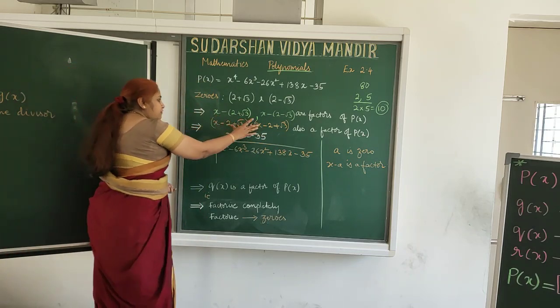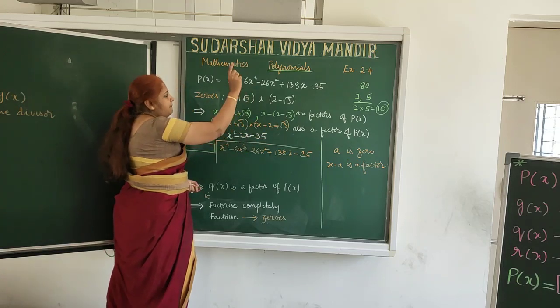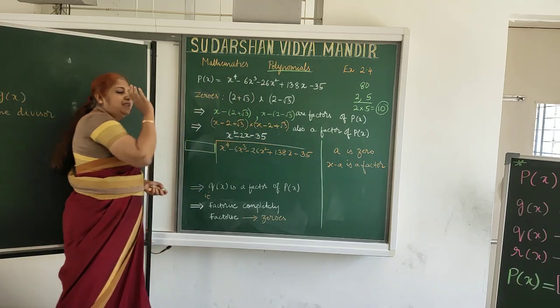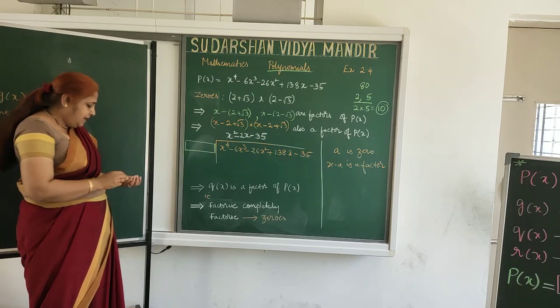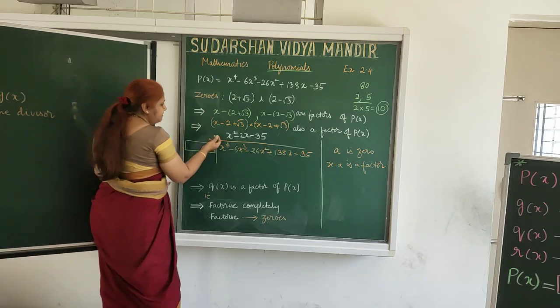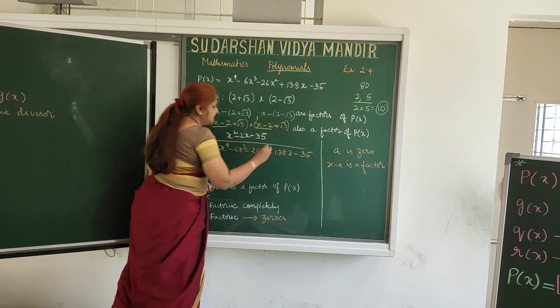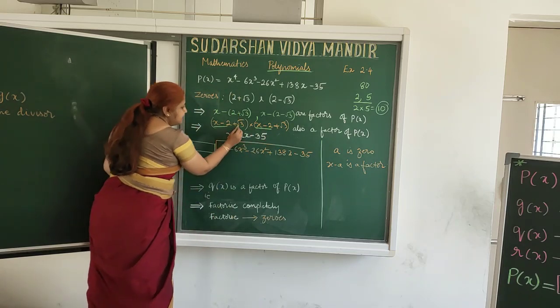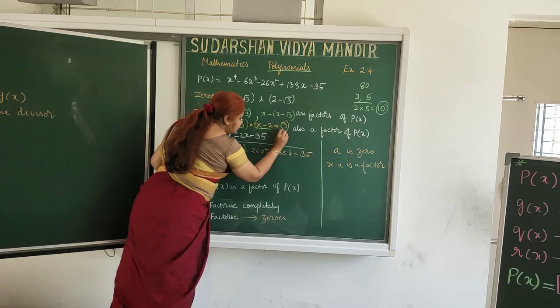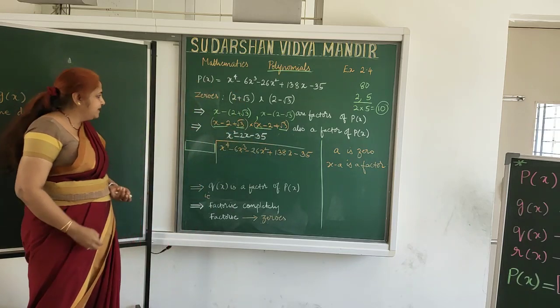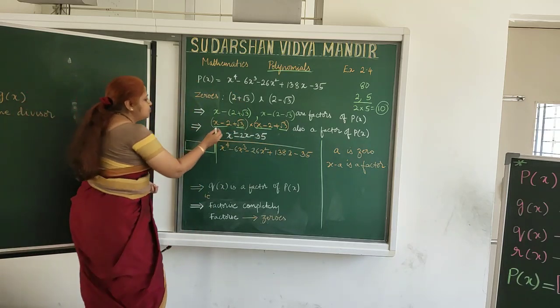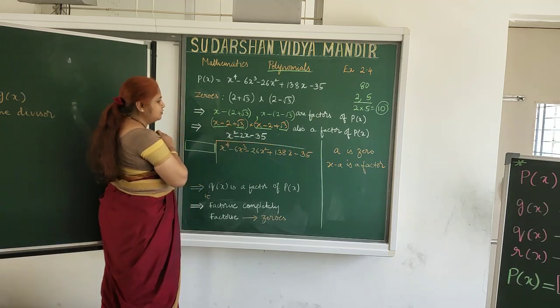Now the product of these two is also a factor of the given polynomial. Now let us see how we can simplify this. Can you observe here? The first term is same. The second term, root 3, is also same.